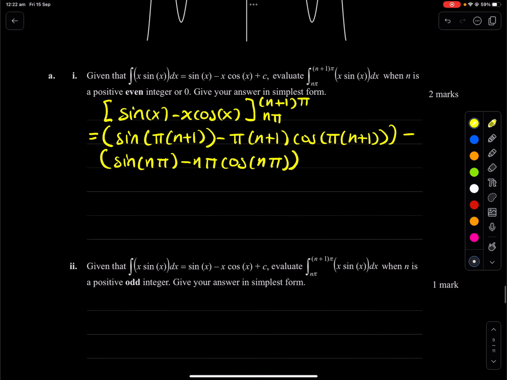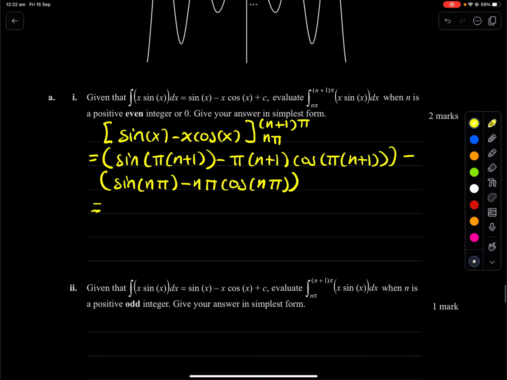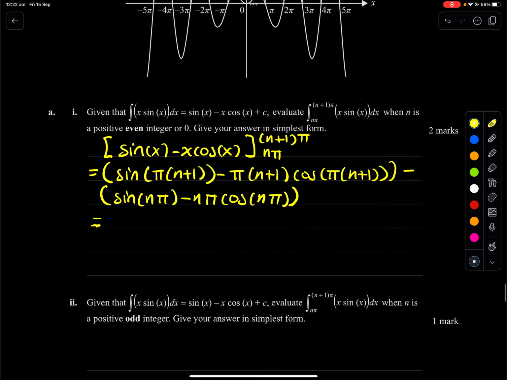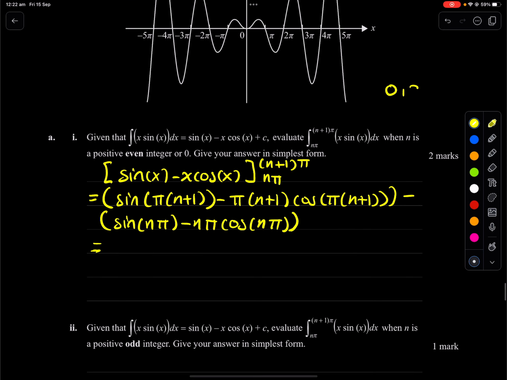All right, so let's simplify this. It says that n is a positive even integer or 0, so 0, 2, 4, 6. Let's sub in this value and look at this expression, pi(n+1).